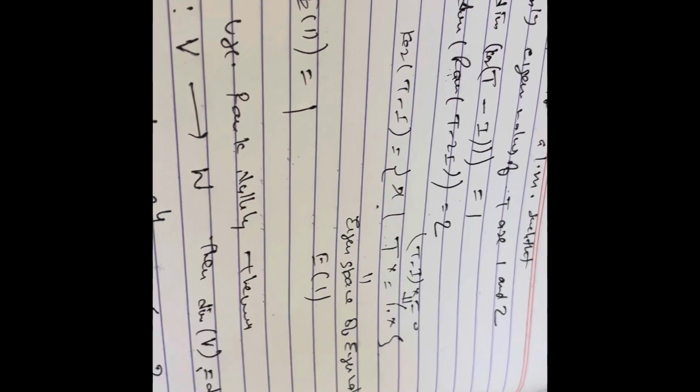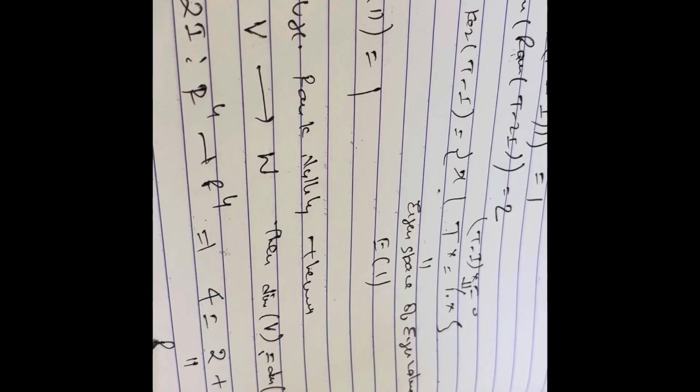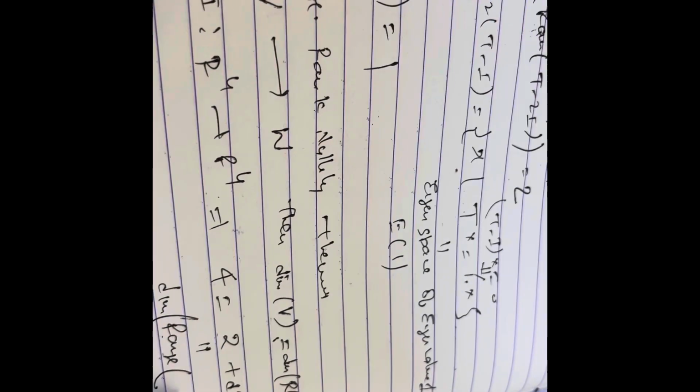Why is it 2? Because the dimension of the range of T minus 2I is given in the question.